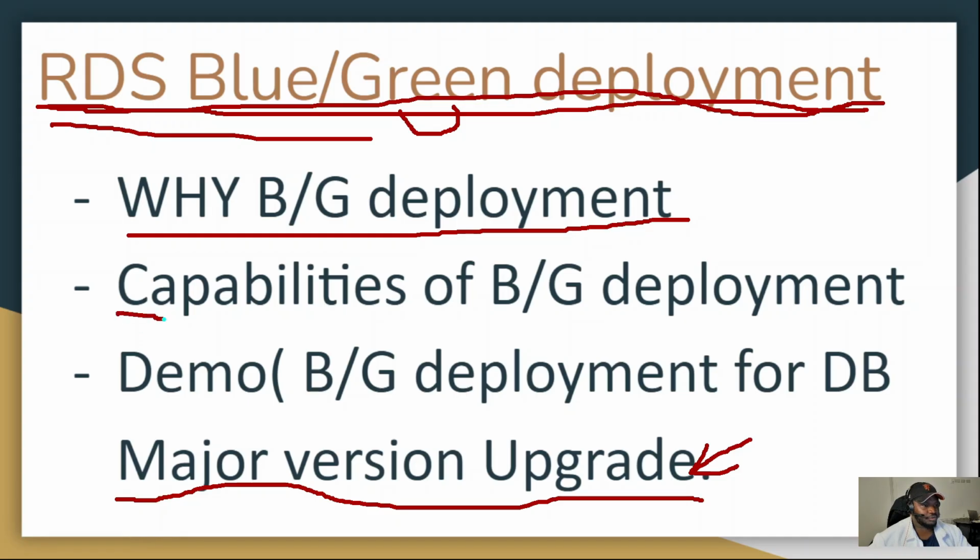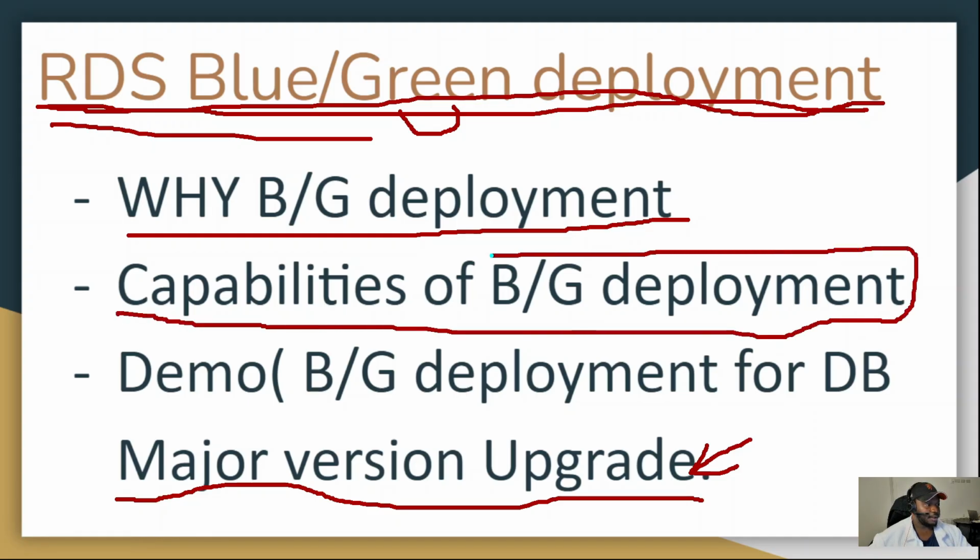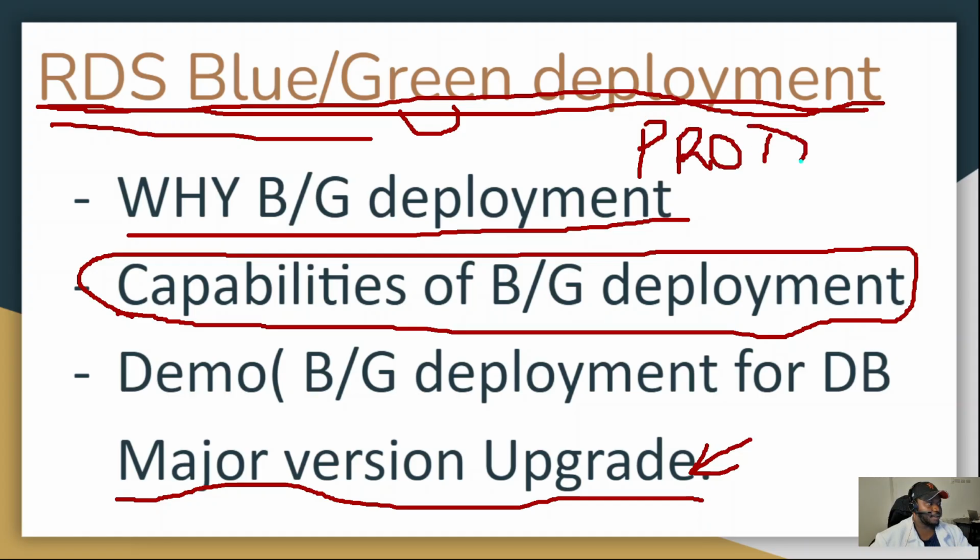So what are the capabilities of blue-green deployment? All database administrators must understand them. Just imagine you are in a production environment and you need to do some major database changes.